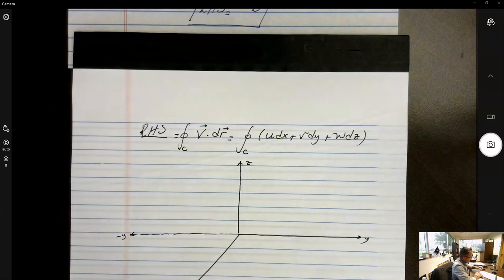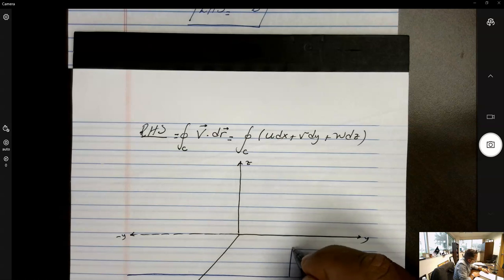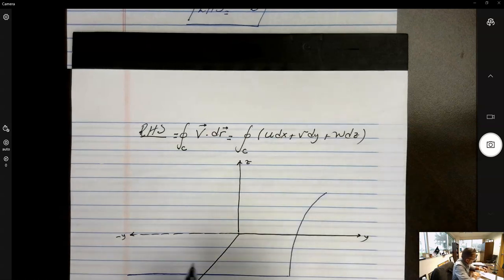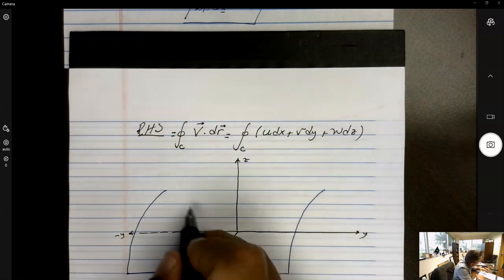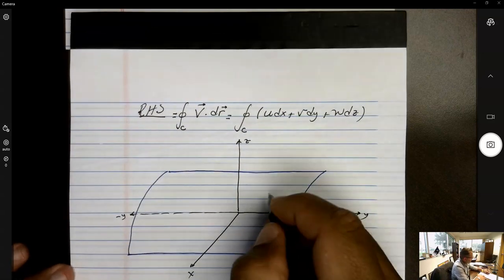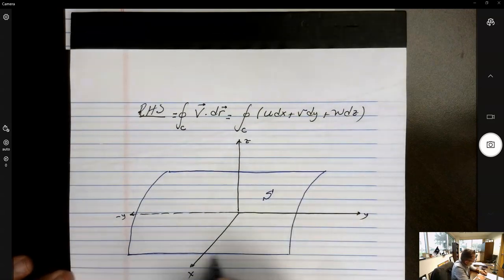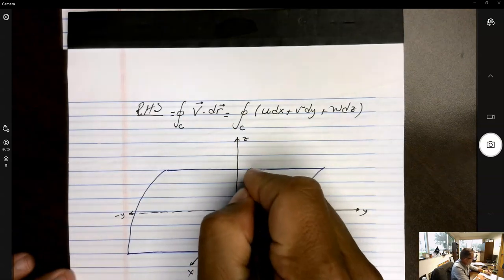Again, I am going to go from here to here. That is the surface S. And the line is just basically this line. And we're going to take the specific direction because we define the normal vector to point up like this.